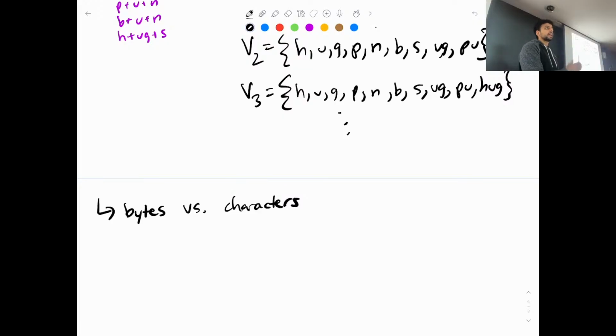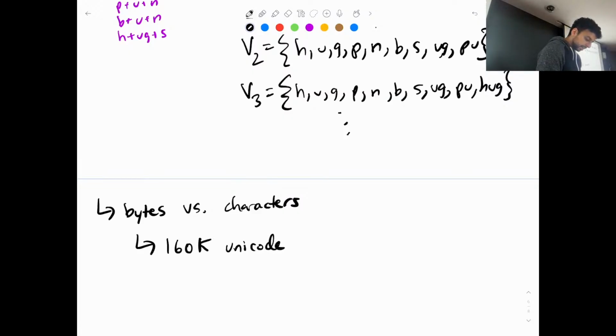And then characters from non-Latin languages generally take 2 to 4 bytes. The things that take 4 bytes are usually emojis and other things like that. And there's a lot of room to add new ones as well. But in total, there are 160K Unicode characters today.